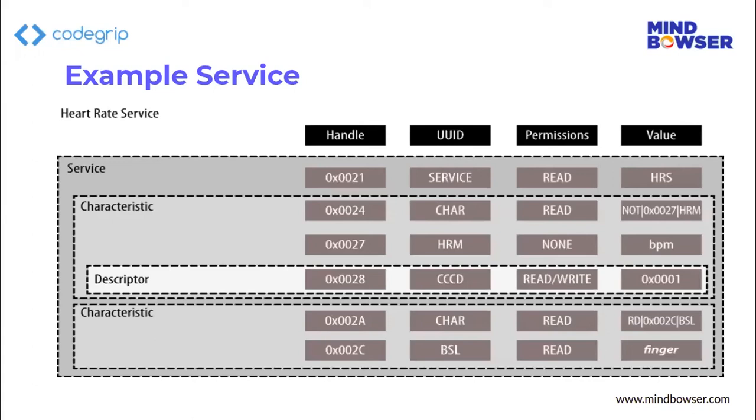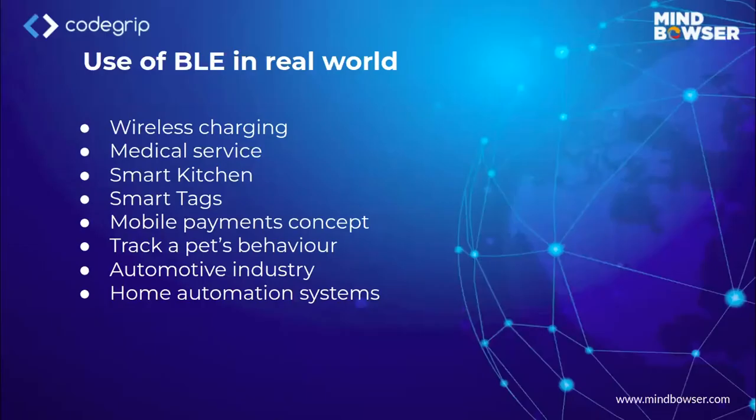Now, how can we use BLE in the real world? There are some areas in which BLE technology really works, and in future we can also use BLE for personal and professional use. The first is wireless charging.